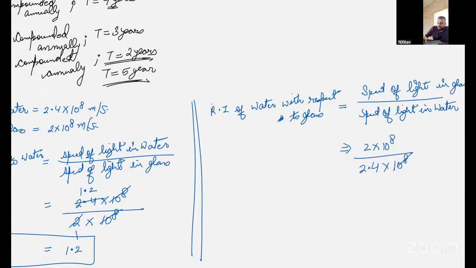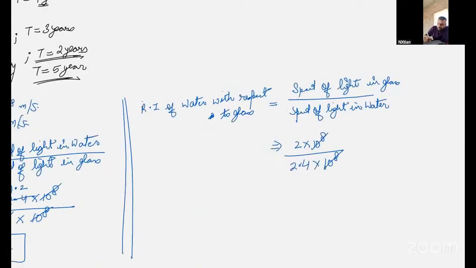Correct. Now, this 10 to the power 8 and this 10 to the power 8 will cut. If I remove the point, then 10 will come in the numerator, so it's going to look like this: 20 upon 24. Both are divisible by 4. It will become 5 and this will become 6.